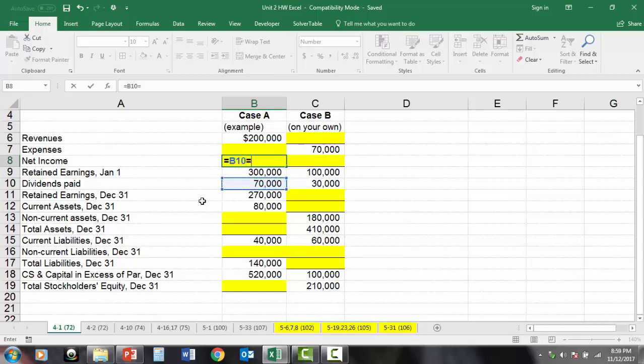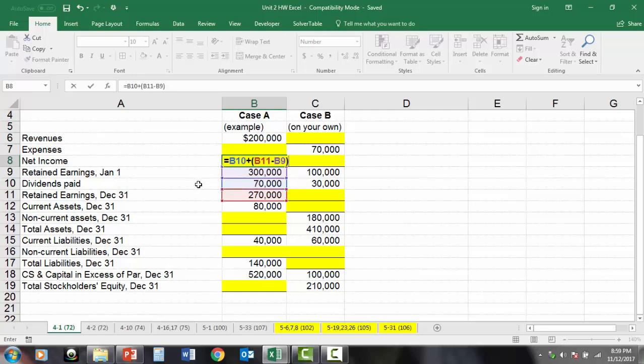So I'm going to add the ending retained earnings minus my beginning retained earnings. Note that that change went down, so that's going to be negative. So my net income is going to be a little bit less than what we paid in dividends.